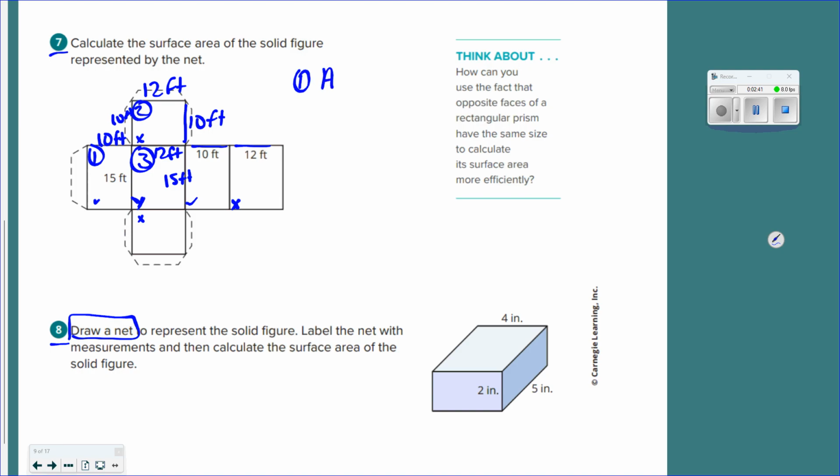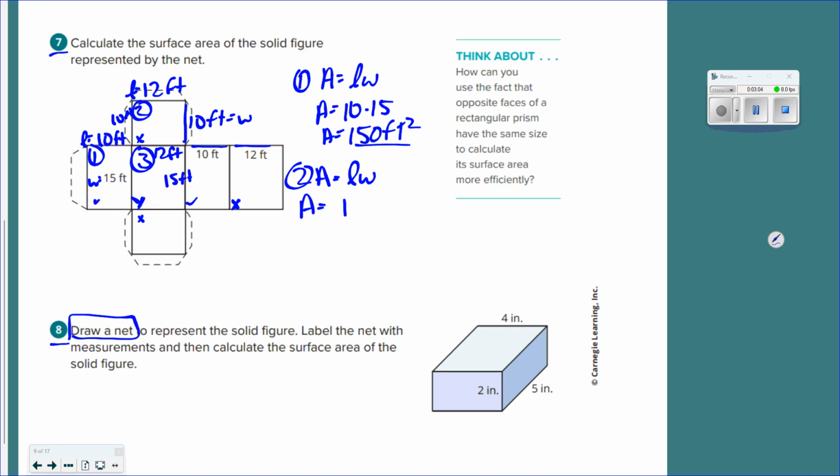For all of them, it's just going to be length times width. Number 1, I have a length of 10 and a width of 15. So for this one, it's going to be 10 times 15, or 150 square feet. For number 2, it's length times width. So I've got a length of 12 and a width of 10.